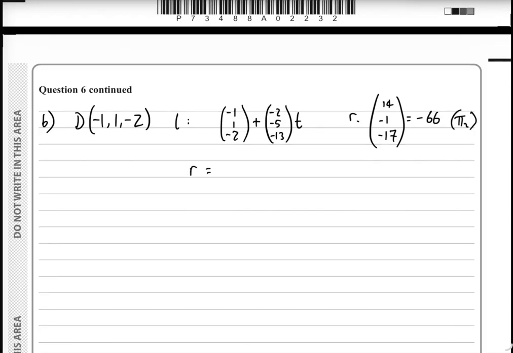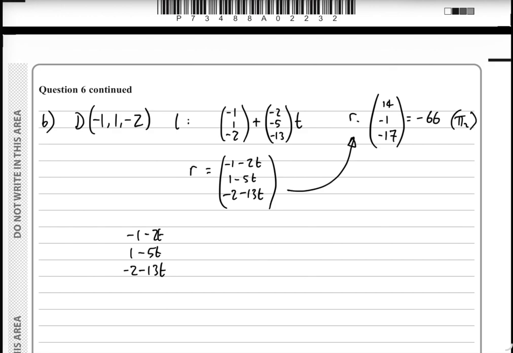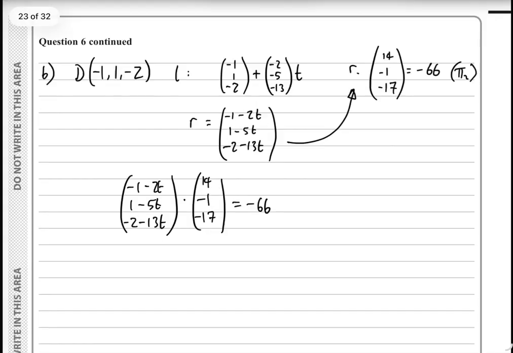And r here is going to be the single point version of the line equation: minus 1 minus 2t, 1 minus 5t, minus 2 minus 13t. That's going to go in here. So we've got minus 1 minus 2t, 1 minus 5t, minus 2 minus 13t, dot 14, minus 1, minus 17, has to equal minus 66.